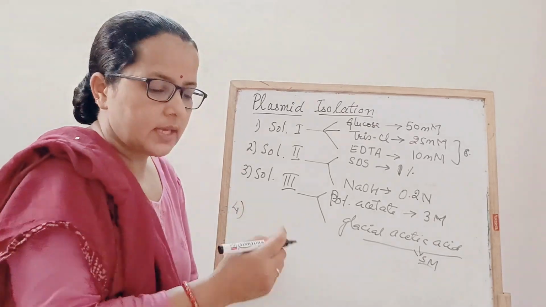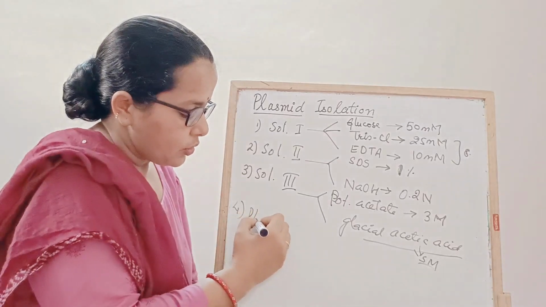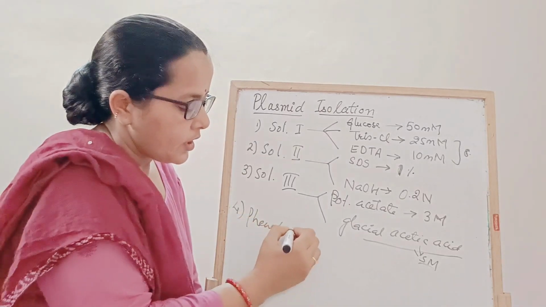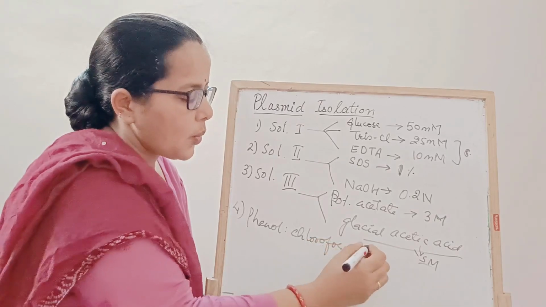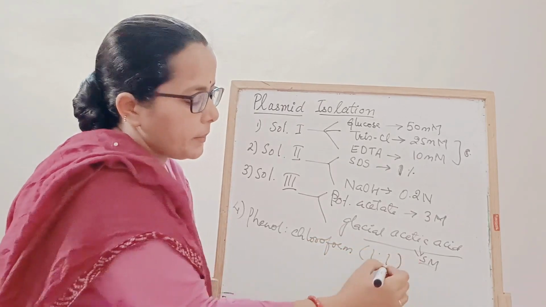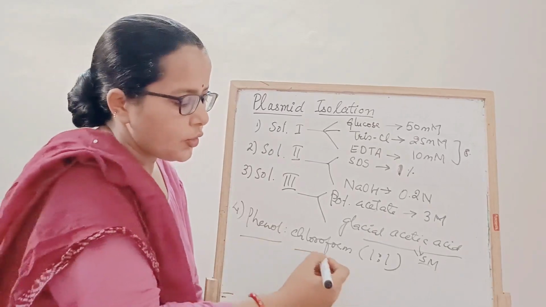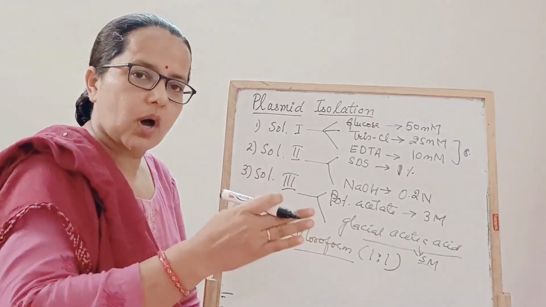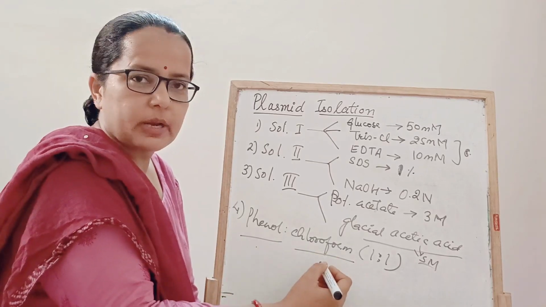Then the fourth one is phenol chloroform, a 1:1 preparation. You need Tris-saturated phenol and chloroform in a 1:1 ratio, meaning if you take 5 ml of phenol, take 5 ml of chloroform.